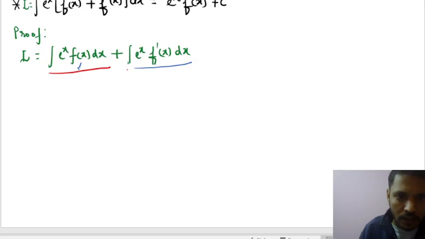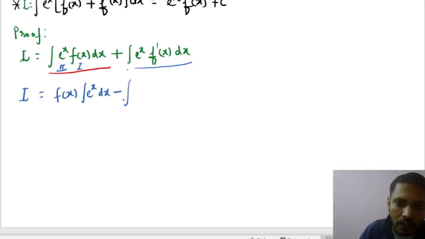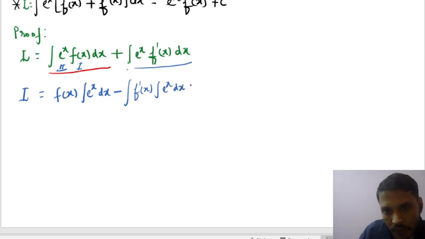Here you consider this as the first function and this as the second function. So I will be equal to f x outside of the integration, and we have to integrate e to the power x into dx, and then minus sign here, integration of the derivative of f of x, that means f dash of x, and integration of e to the power x into dx.